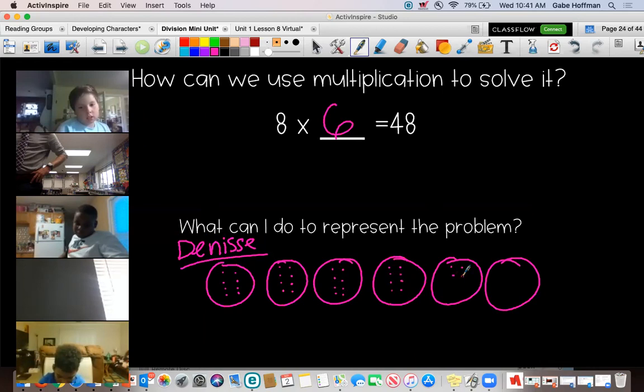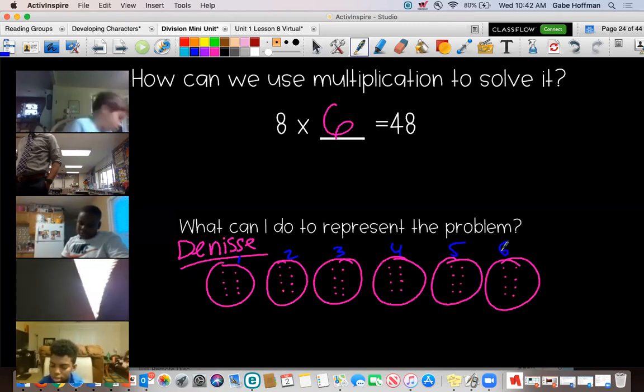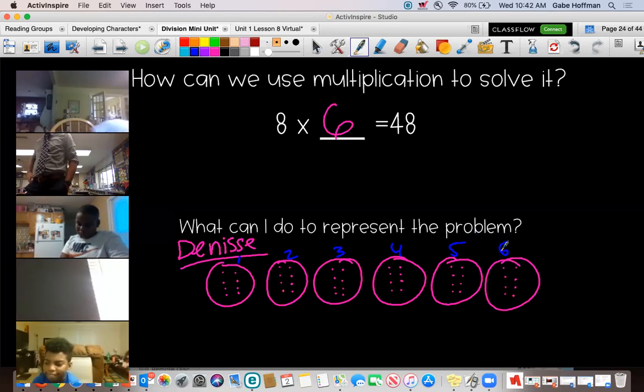Denise, how could you check and make sure that your drawing actually showed the equation? Because you already know there's 6 groups and you put 8 in each group. What part have you not counted to make sure it's correct?